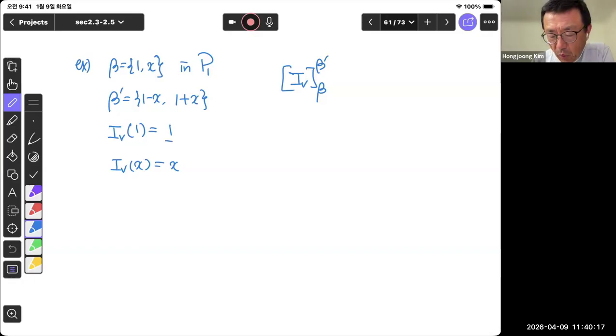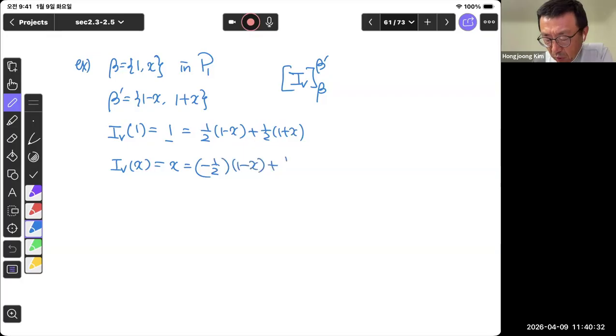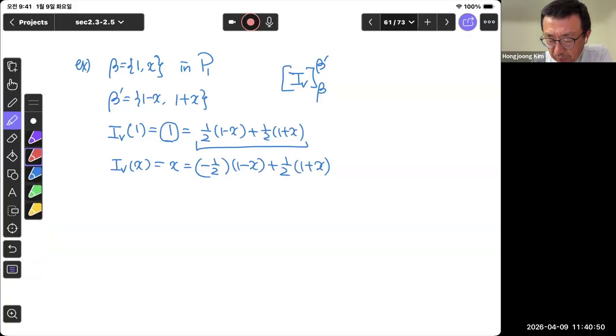Well, this 1 is 1 half of (1 minus x) plus 1 half of (1 plus x). And x is negative 1 half times (1 minus x) plus 1 half of (1 plus x). So when I express this image of 1 as a linear combination of the vectors in beta prime, the coefficients are 1 half and 1 half.